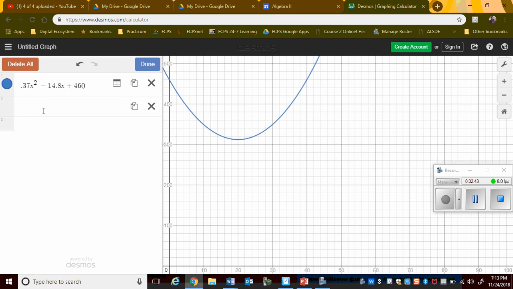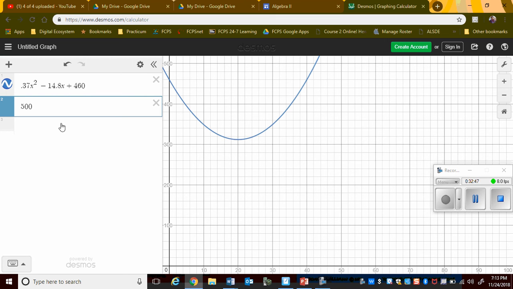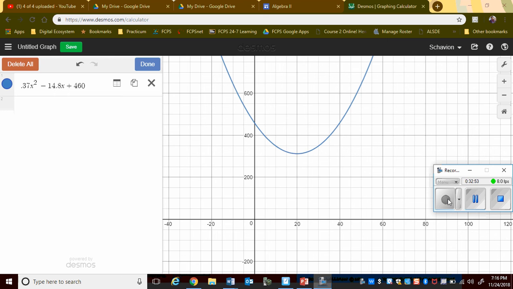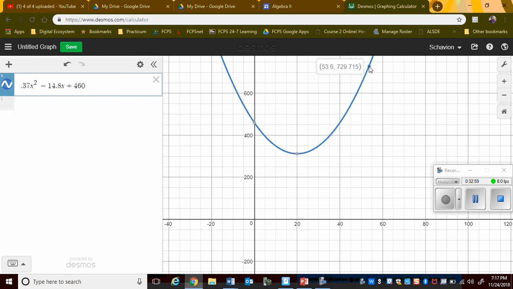Let's try it again. Okay, so I can't quite get to the 500 that I want. I'm looking for where y becomes 500, and I did say that it's between 42.5 and 42.6.